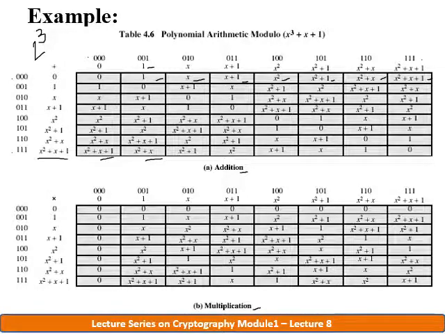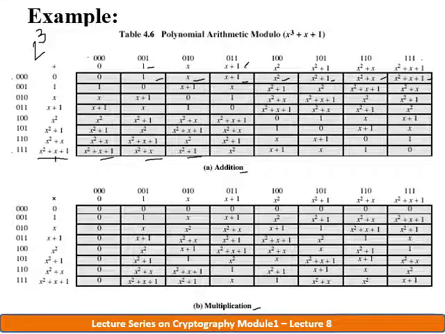The next one is x square plus x plus 1 XORed with x. When I XOR x square plus x plus 1 with x, the x gets canceled and we are left with x square plus 1. So that's how I got this. Then next is x square plus x plus 1 XORed with x plus 1.